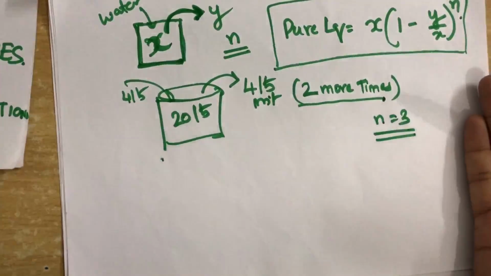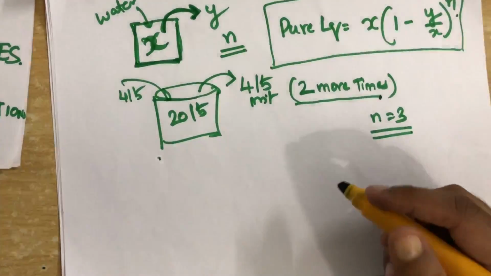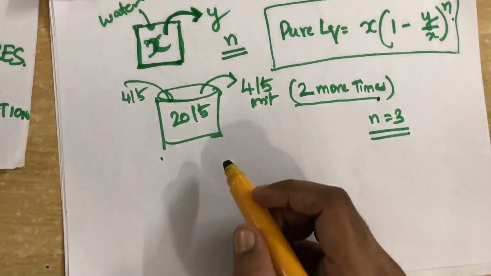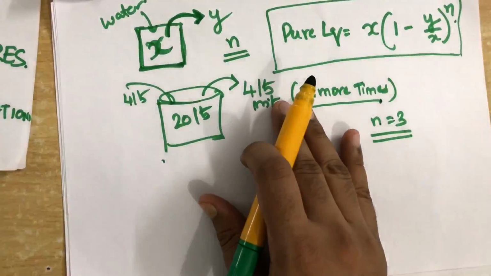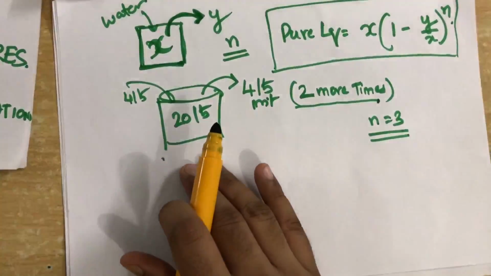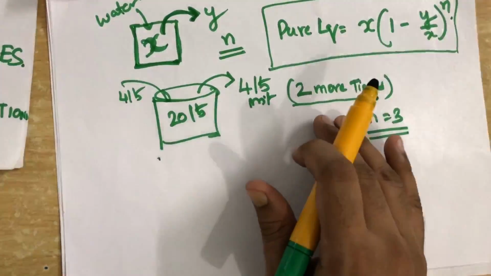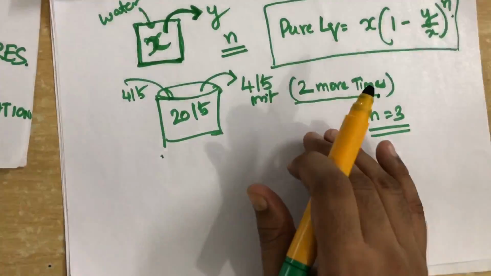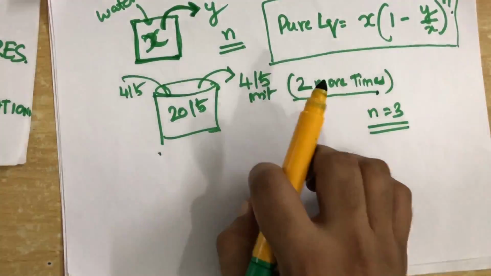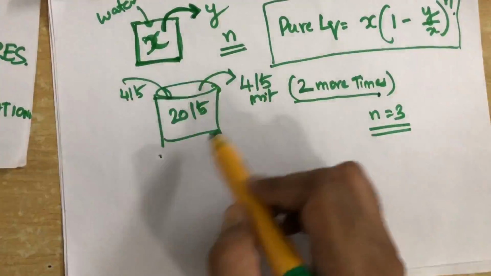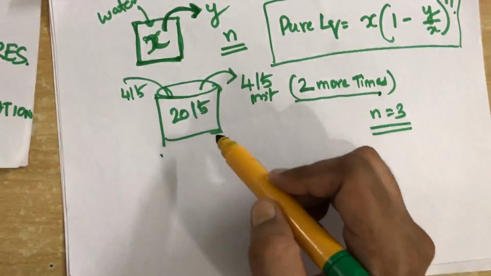I'm just taking an example. So the question is, there are 20 liters of milk in the can. He has removed 4 liters of it and replaced it with water, and repeated this 2 more times. Now we need to know how much pure milk is present in this mixture.